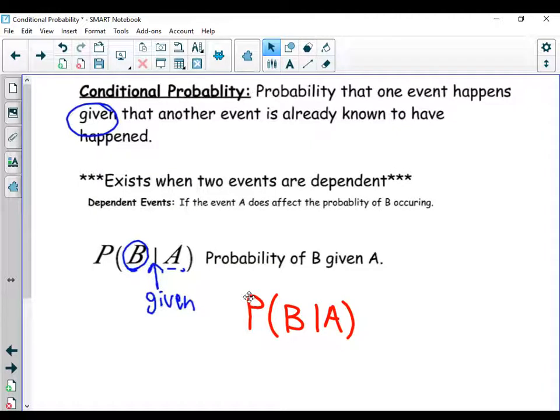Probability of B given A. Okay, so there's a formula that goes along with it.